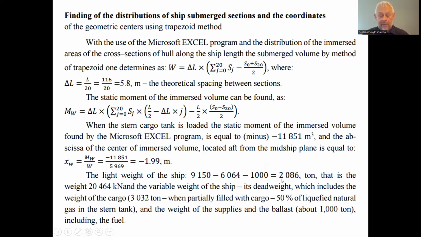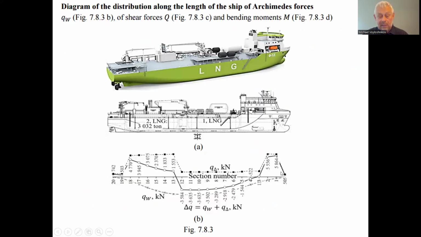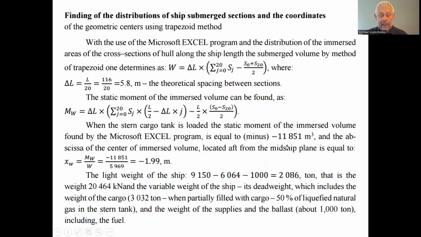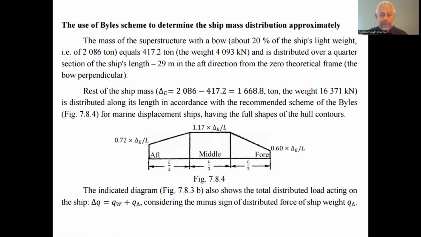So this includes the distribution of the superstructure to the zero theoretical frame, and the rest of the ship mass, what we get when we subtract the mass of the superstructure from the light displacement, is 1,668 ton, the weight of 16,371 kilonewton, distributed along its length in accordance with the recommended scheme of Biles, the known scheme.